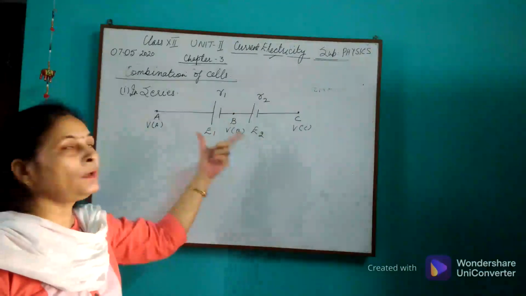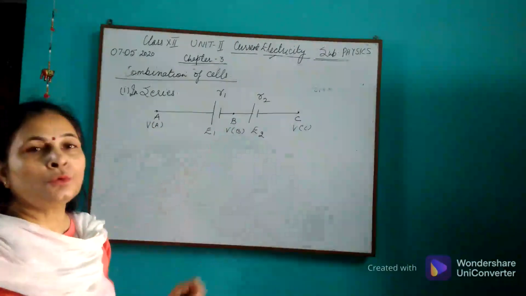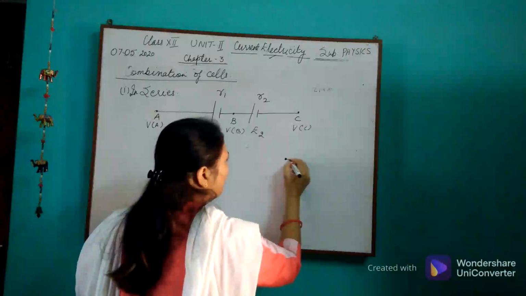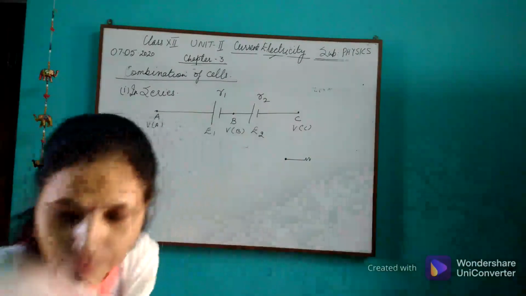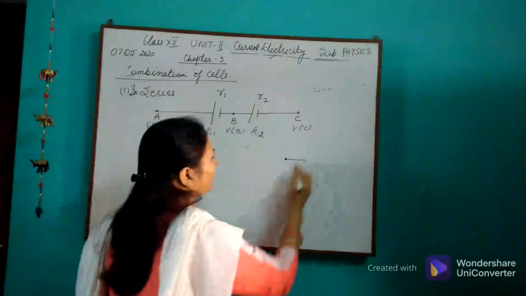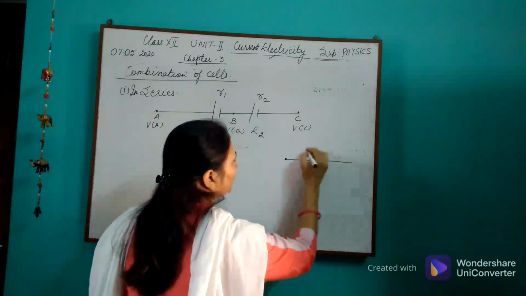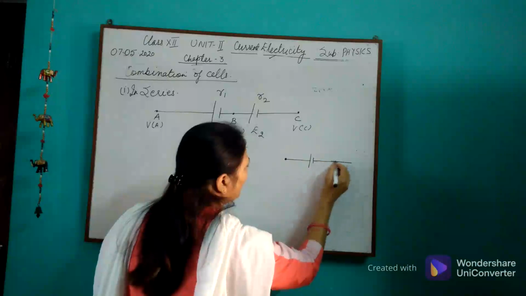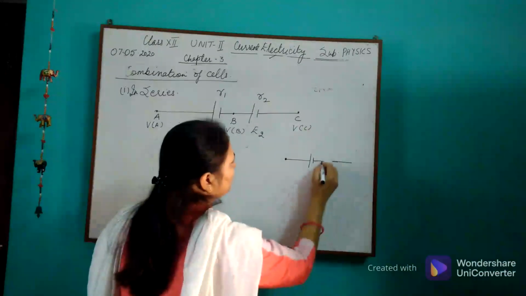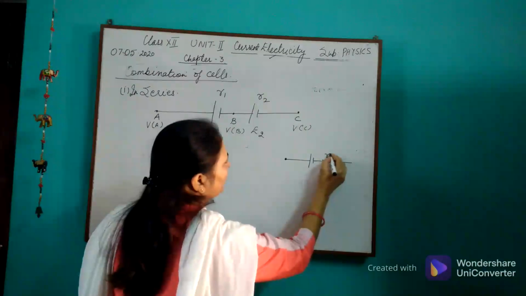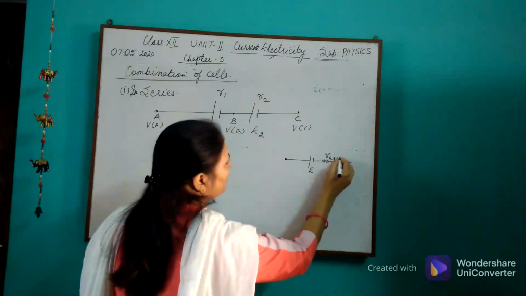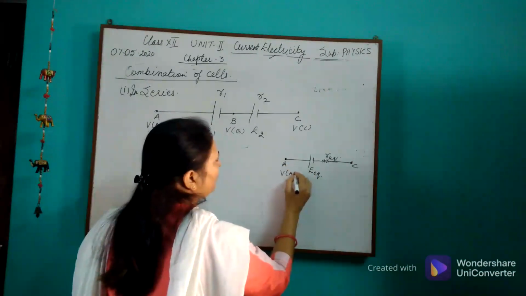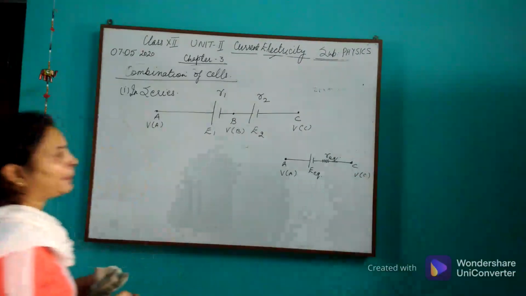That means I have to find out the collective effect of these two cells. That is, if I want to connect only one cell instead of these two cells in series, what will be the value? See, this will be the final situation, with one cell of r equivalent, E equivalent, and this is the point A, this is the point C, VA, VC.